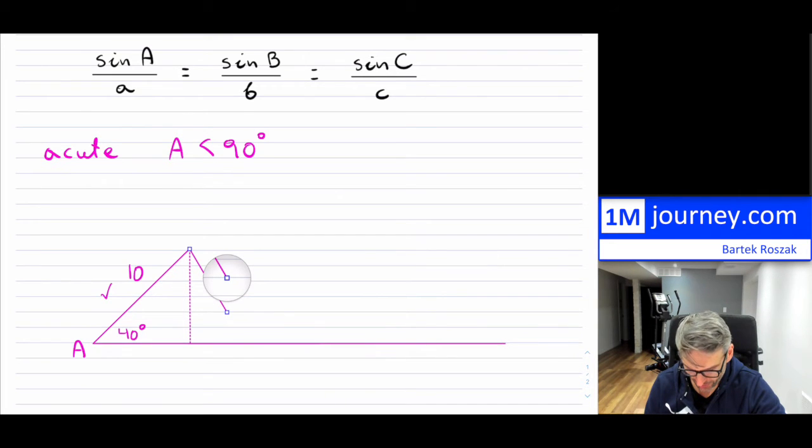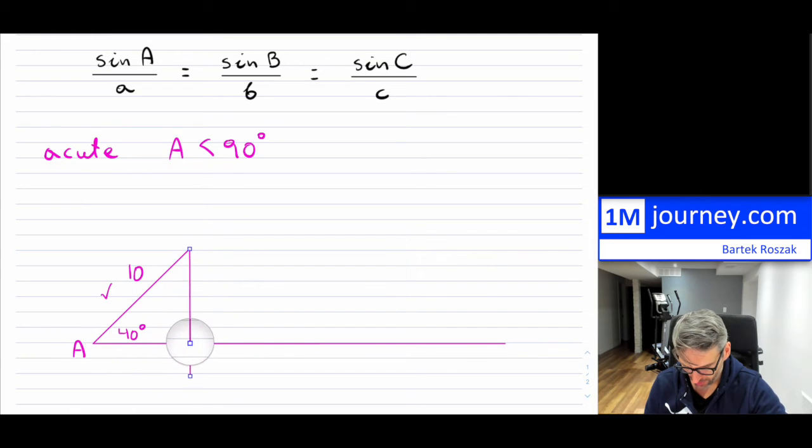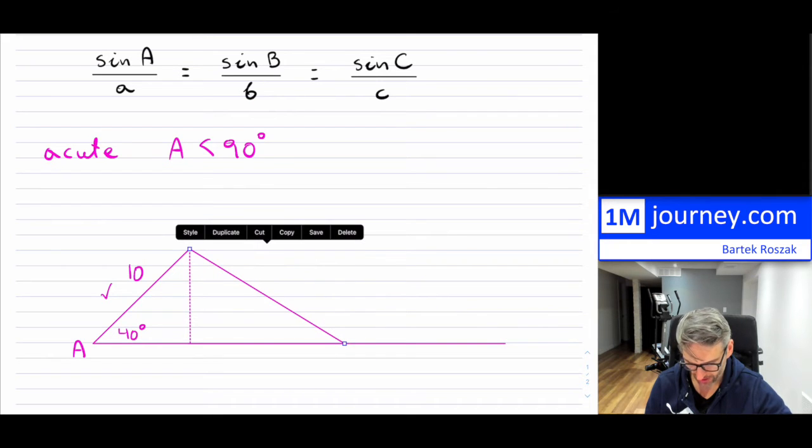Now, the other case that can happen is the second case. What if this side was longer than this distance that I had here? What if it spans a little bit longer? If it's longer than the length of 10, say 11 or 12 or anything longer, I'm not going to be able to touch until I really swing out, and I get to there.